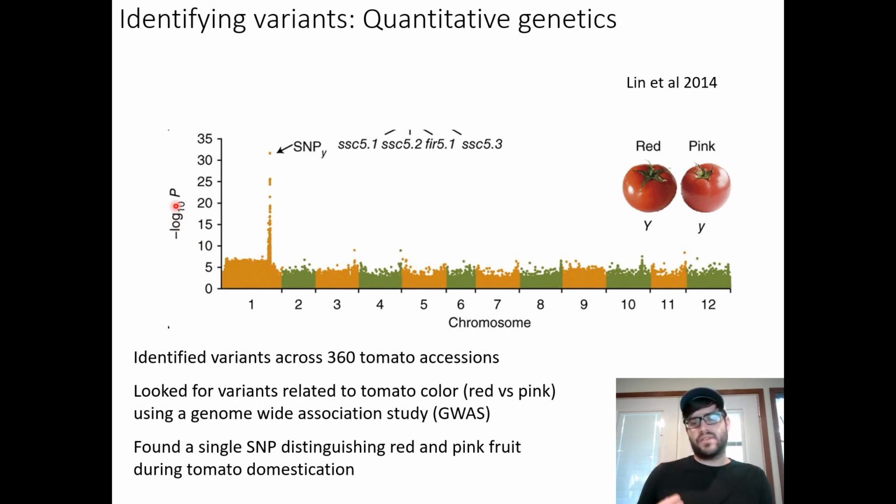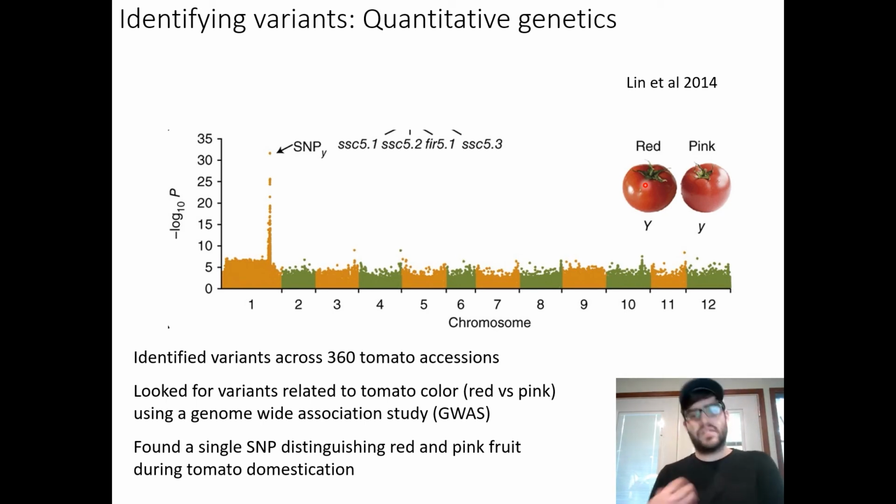That's basically a likelihood that each one of these SNPs is associated with red or pink flesh color. The authors identified a single SNP here that had a super high LOD score, so they were very confident that this is associated with fruit color. It allowed them to identify a single SNP that distinguished red and pink fruit during tomato domestication. And so you can use this group of variants to identify differences that are associated with your trait of interest.